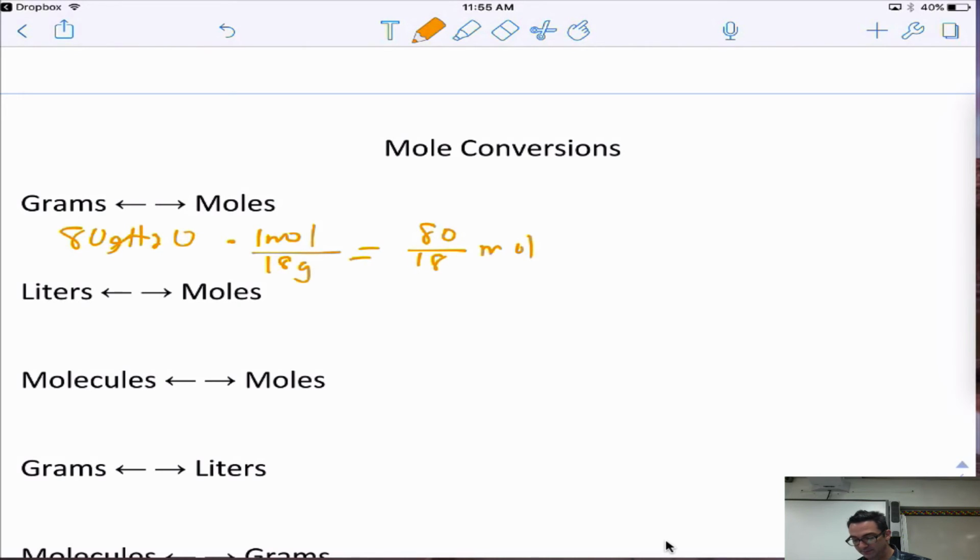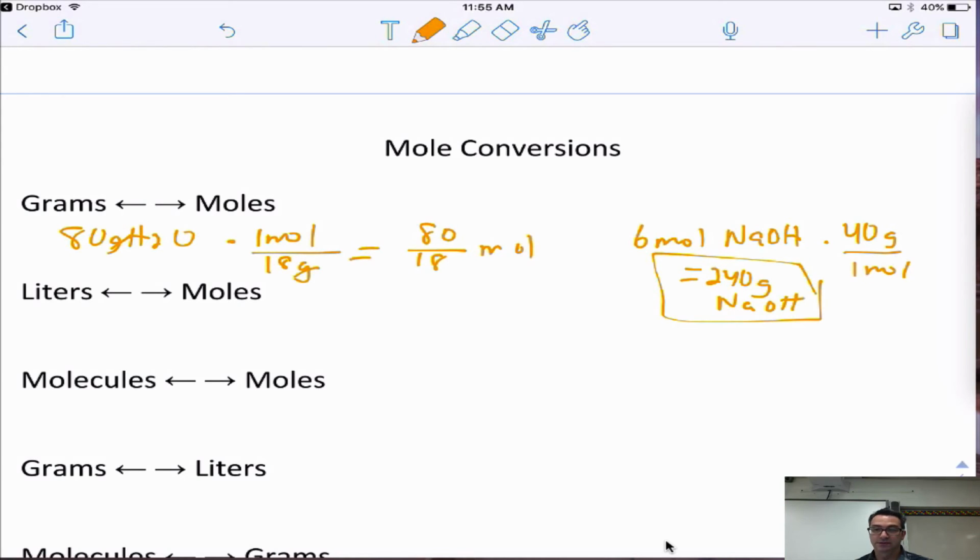Grams would cross out. I could also go the other way. I could say, well, I have 6 moles of NaOH. Well, the gram formula mass for NaOH is 40. So times 40 grams for every 1 mole. And that would give me 240 grams of NaOH.